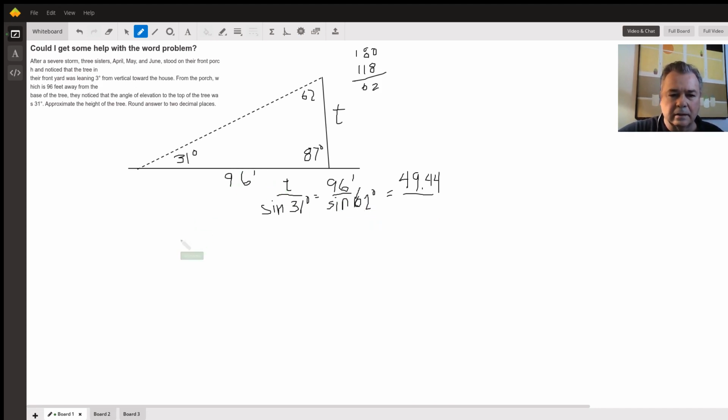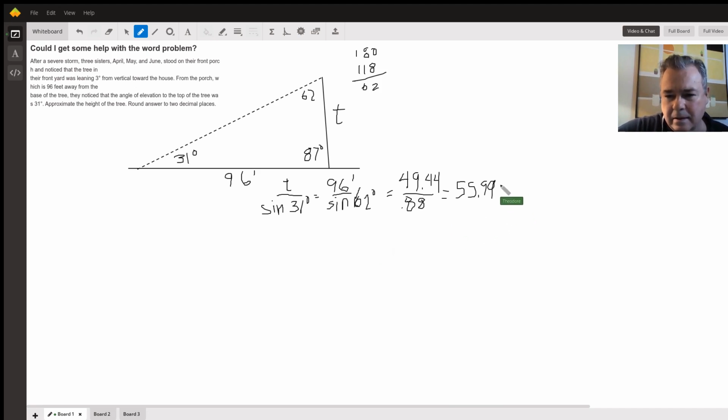And I can continue to do that in my calculator. The sine of 62 degrees is 0.8829. Got that in there. And that's going to give me 55.998 feet.